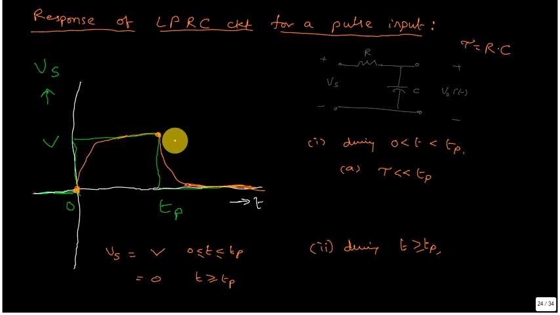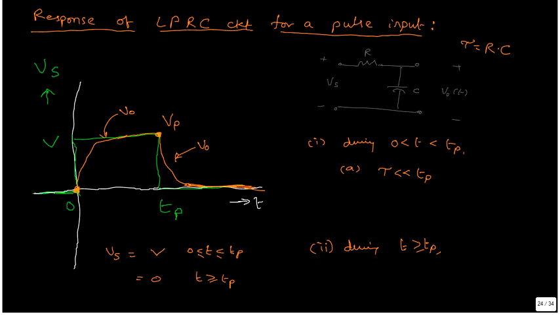So this is the output response. Here V0 during the pulse width, and V0 for the period after the pulse width. The voltage it reaches, whatever the value, we assume it as Vp. So this is the expected output response for the given pulse.